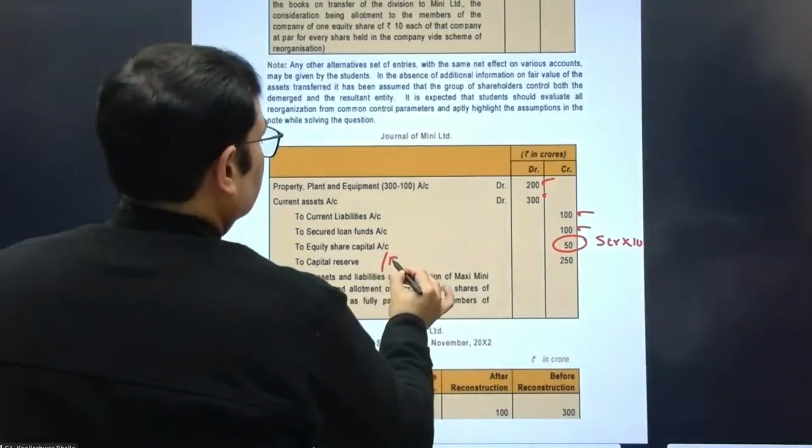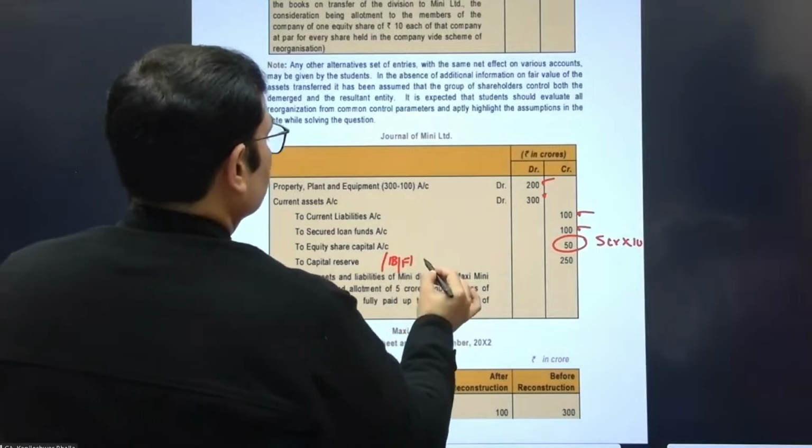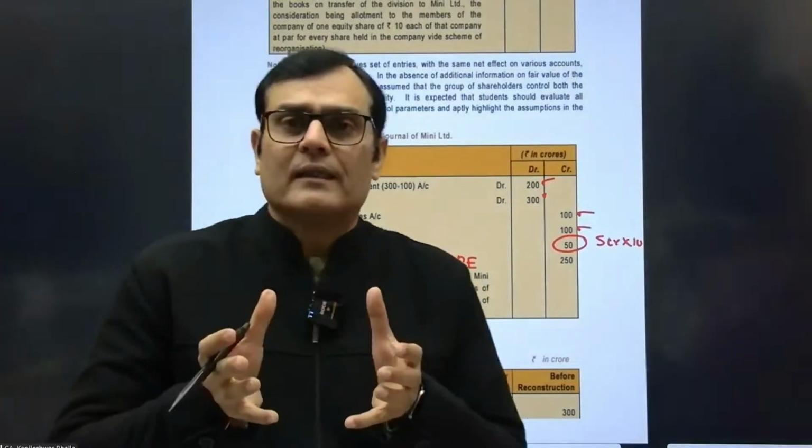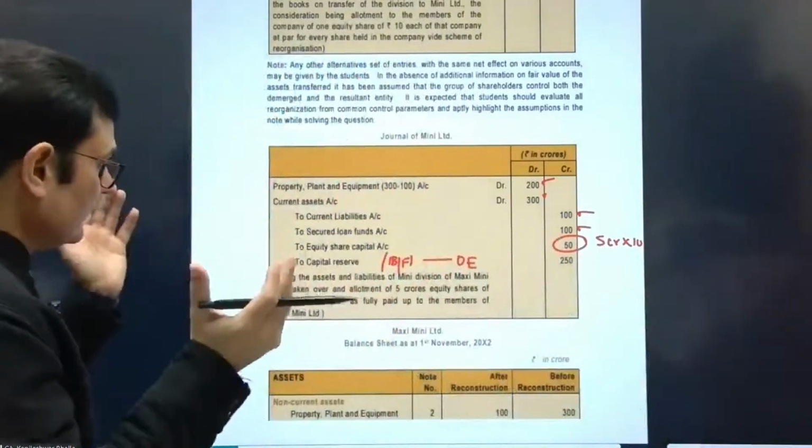And the capital reserve becomes the balancing figure, which is other equity again. So one company is incorporating the assets and liabilities at book value and the purchase consideration is recorded. Another company is simply closing the assets and liabilities without getting anything.